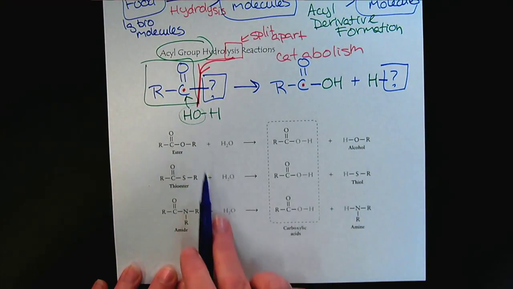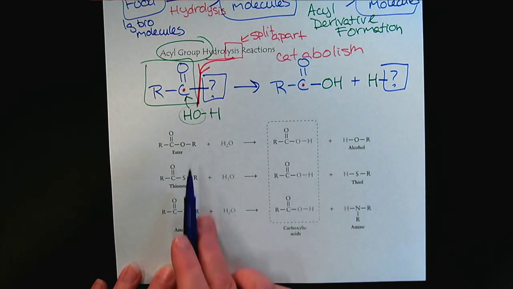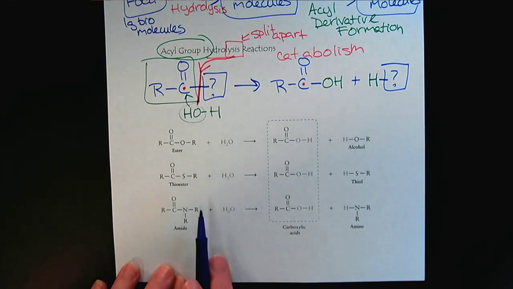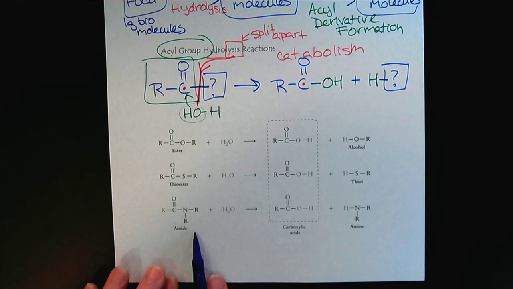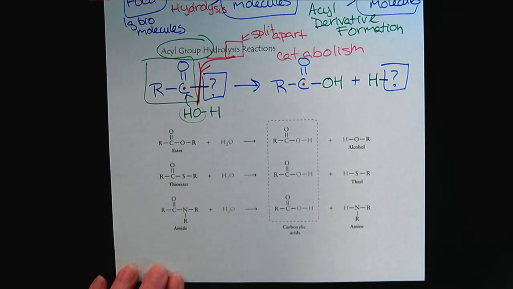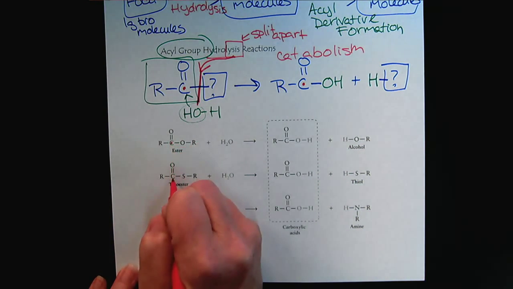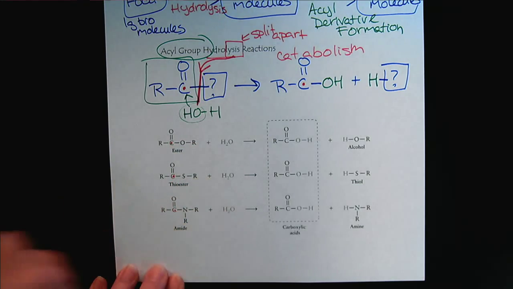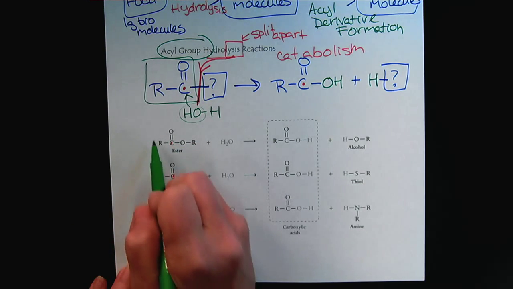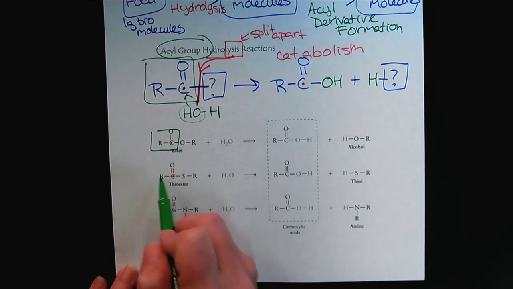We have three main reactions we want to study: the carboxylic esters, the thioesters, and the amides. The first thing to do is focus on our carbonyl group because that helps us recognize the acyl group.